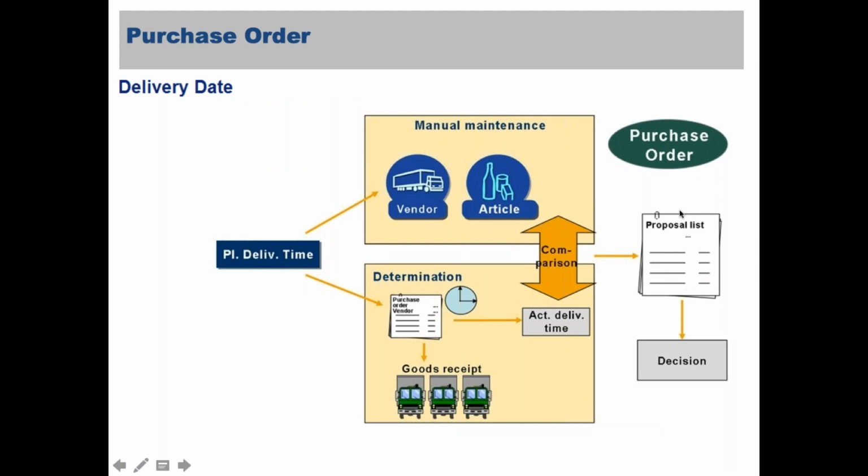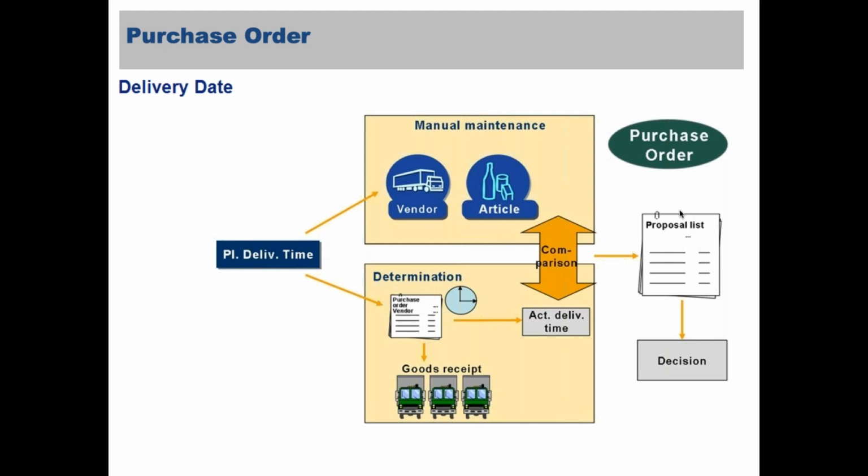And coming back, when you create a purchase order, you also need to specify what would be the delivery date, right? So when the vendor can deliver it. This delivery date is actually determined based on the planned delivery time that you give in your info records or in your site masters or in your vendor info records.